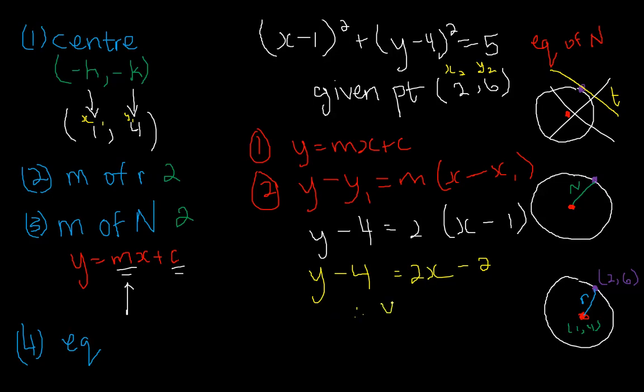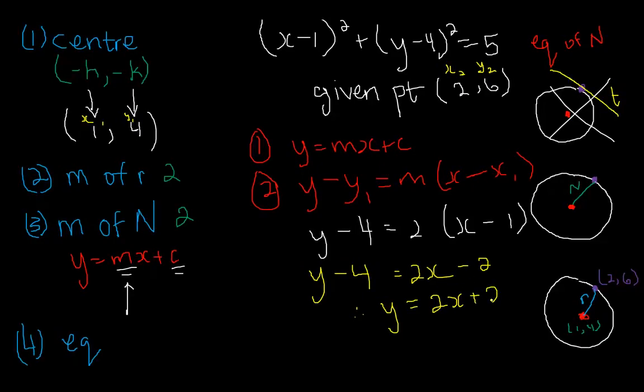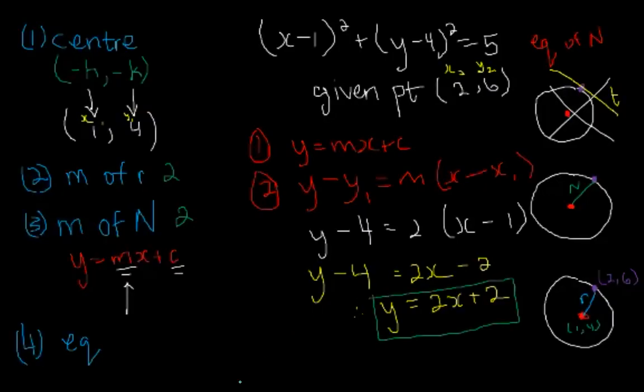Therefore, y would be equal to 2x. I have to add 4 on both sides. So minus 2 plus 4, that's plus 2. And that is why this right here is my answer to the equation of the normal.